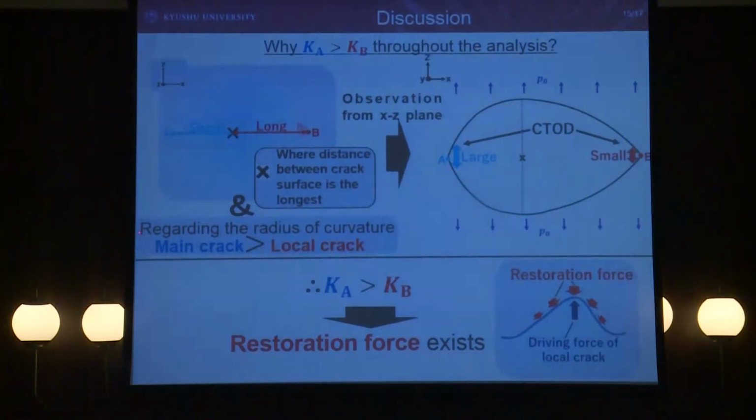And furthermore, regarding the radius of curvature, the main crack is larger than the local crack. So, when crack 1 is observed from the XZ plane, CTOD at point A was larger than that at point B. So, Ka was larger than Kb throughout the analysis. And furthermore, we found restoration force exists.